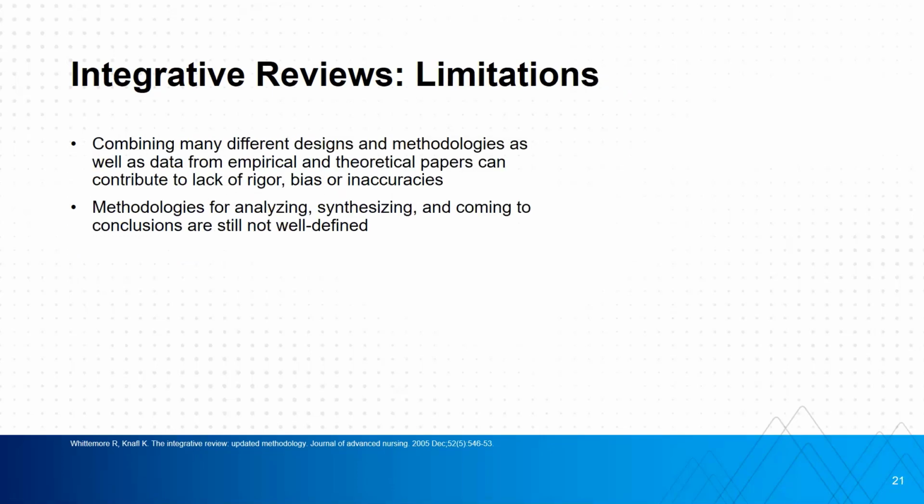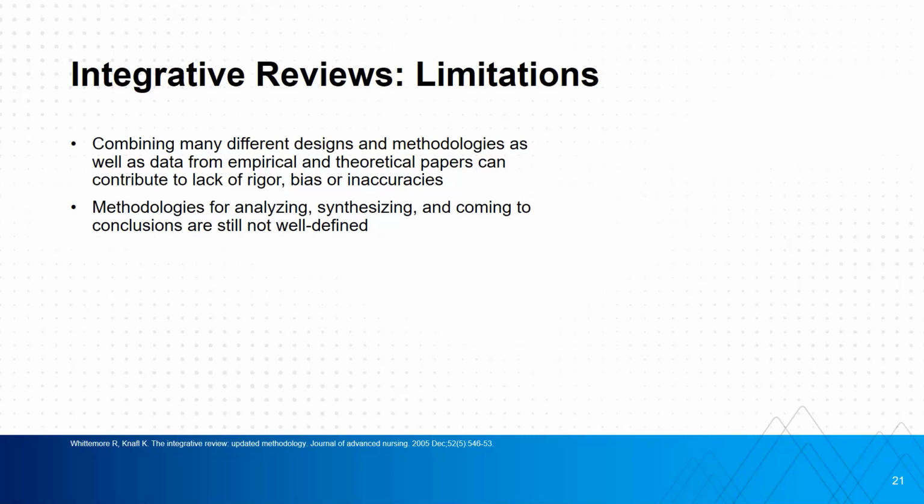So you probably can see some limitations for integrative reviews when you're combining many different designs and methodologies and data from empirical and theoretical papers that can contribute to a lack of rigor, bias, or just plain inaccuracy. Although following essentially a systematic review methodology does help with that.